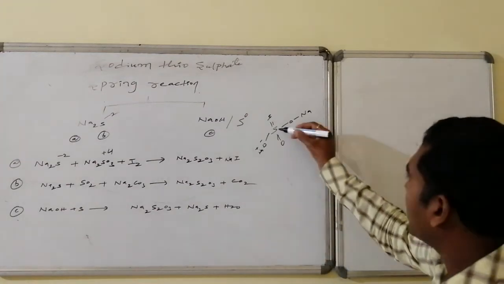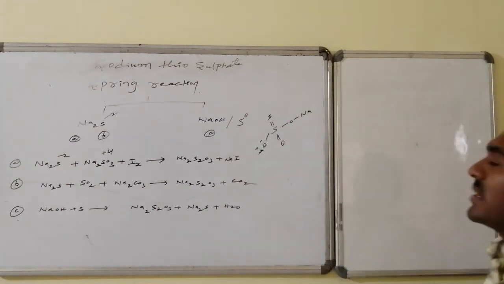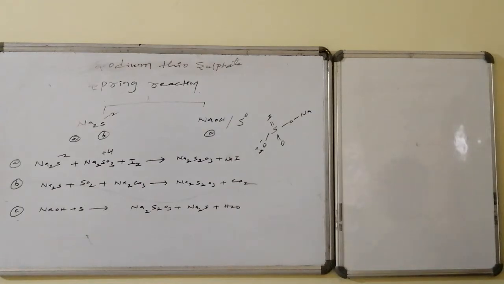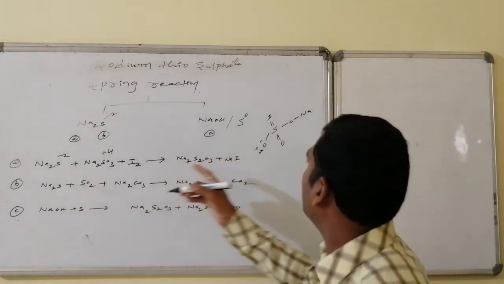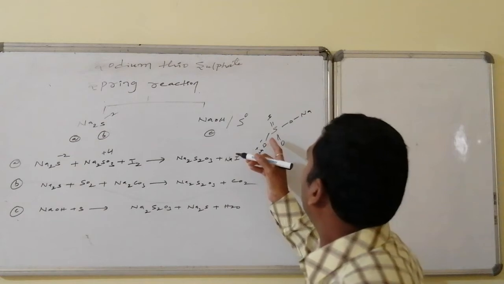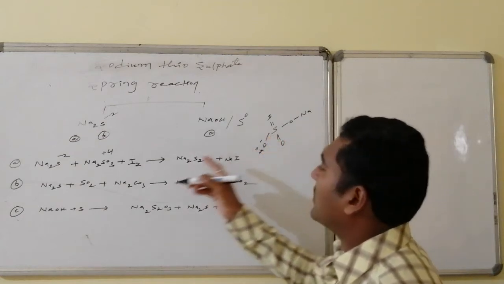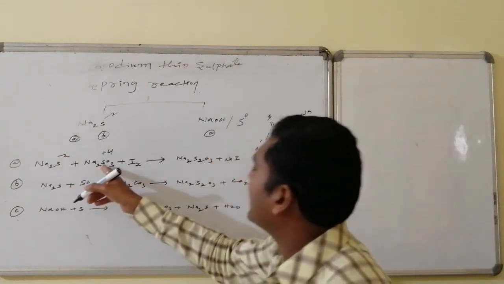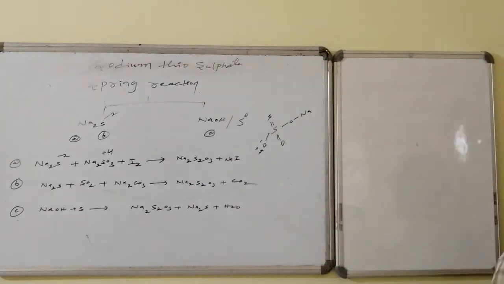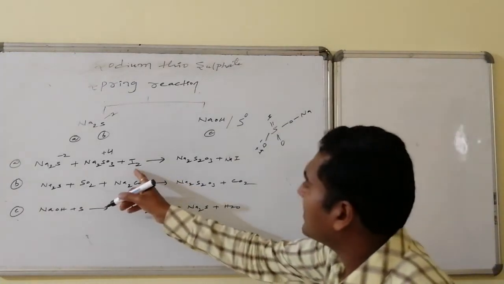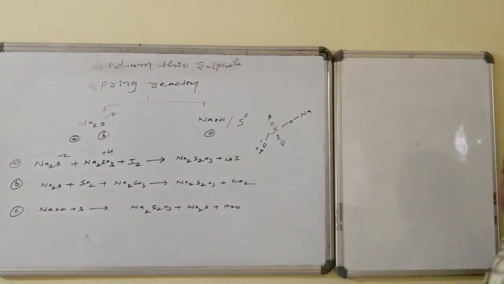Otherwise, one is maintaining +4 as the oxidation state and the other is maintaining 0 as the oxidation state. Thus one is maintaining -2 and one is maintaining +6. -2 is as it is. To maintain +6 we need an oxidizing agent. That oxidizing agent is iodine and it is converted to sodium iodide.